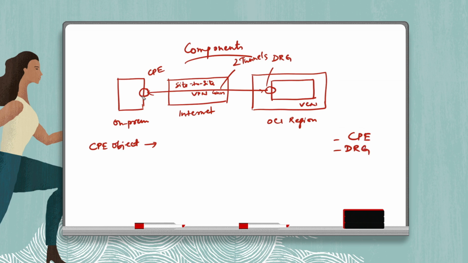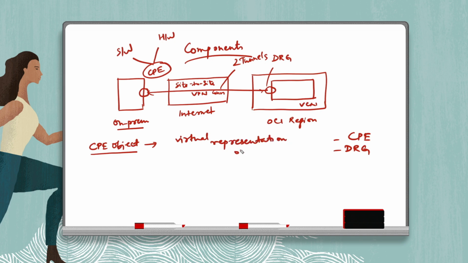On the on-premises side, this customer premises equipment can be either software-based or hardware-based. The customer premises equipment lies on the on-prem side. But when we are creating a site-to-site VPN connection on the OCI side, you need to provide a virtual representation of this particular device. That virtual representation is your CPE object.